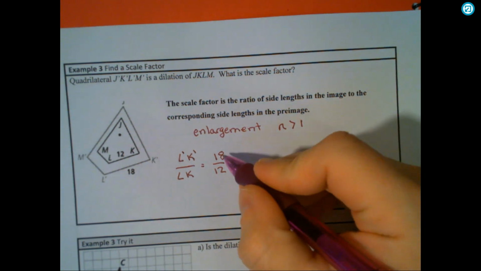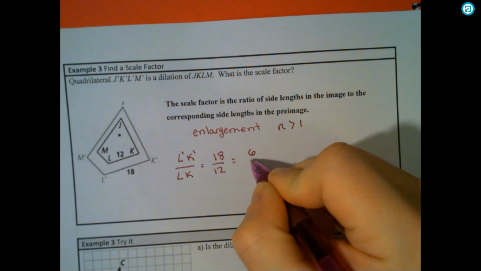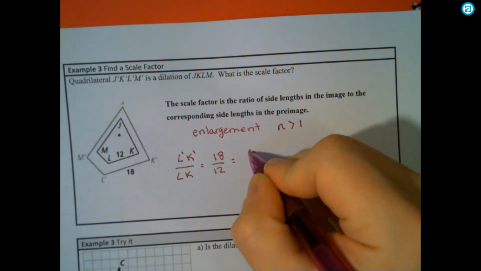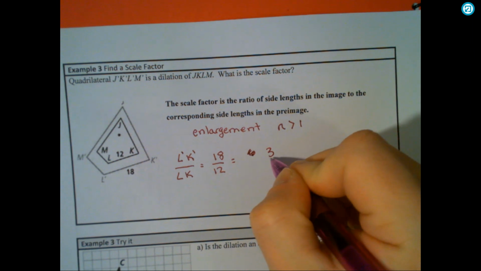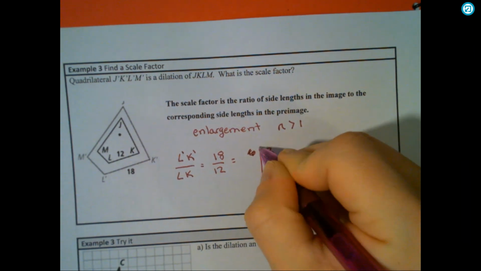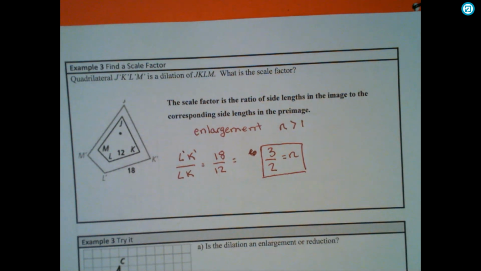Both 18 and 12 can be divided by 3, so that would give me 6 over 4. Sorry, I can take it even further. We can divide top and bottom by 6. So 18 divided by 6 is 3, and 12 divided by 6 is 2. And that is my scale factor. So what they did is they took each of the values for my pre-image and multiplied them by 3/2.